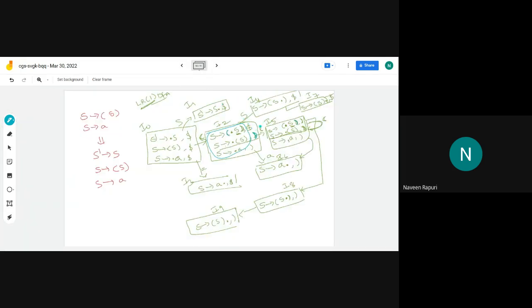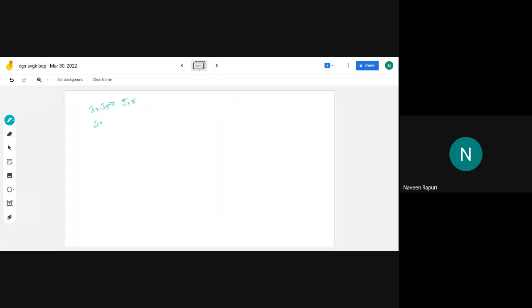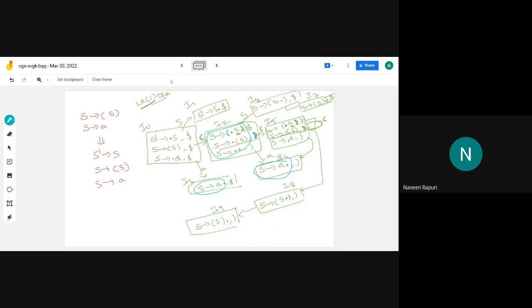In the same manner, here I3 and I6 are also matching. Here the look ahead symbol is different, but LR0 part is same. So I3 comma I6, we can write it as I36, and remaining I2 completed, I5 completed, I3 completed, I6 completed.